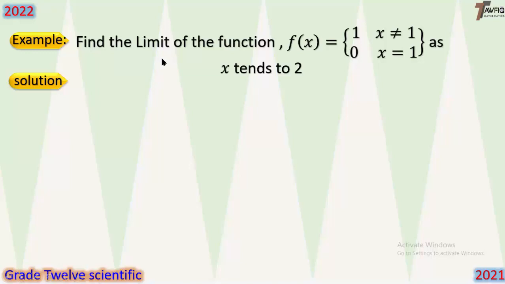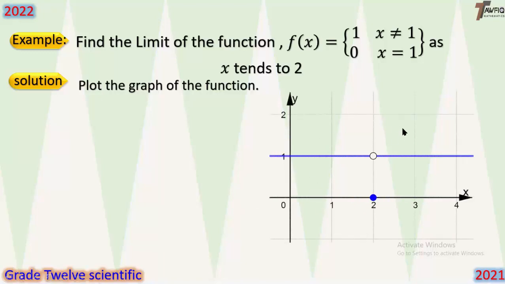Example: find the limit of the function f(x) equals 1 when x is not equal to 2 and 0 when x equals 2, as x tends to 2. First of all, plot the graph of the function using points. It became like this. And now we have 2 points. Read these 2 points: this one is (2, 0), and this one is (2, 1).